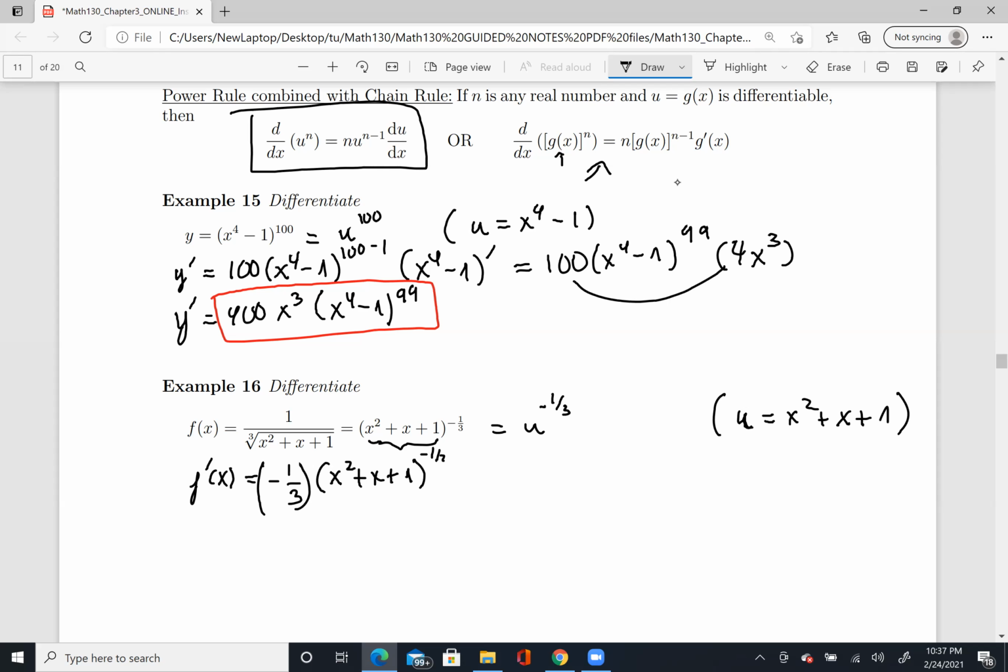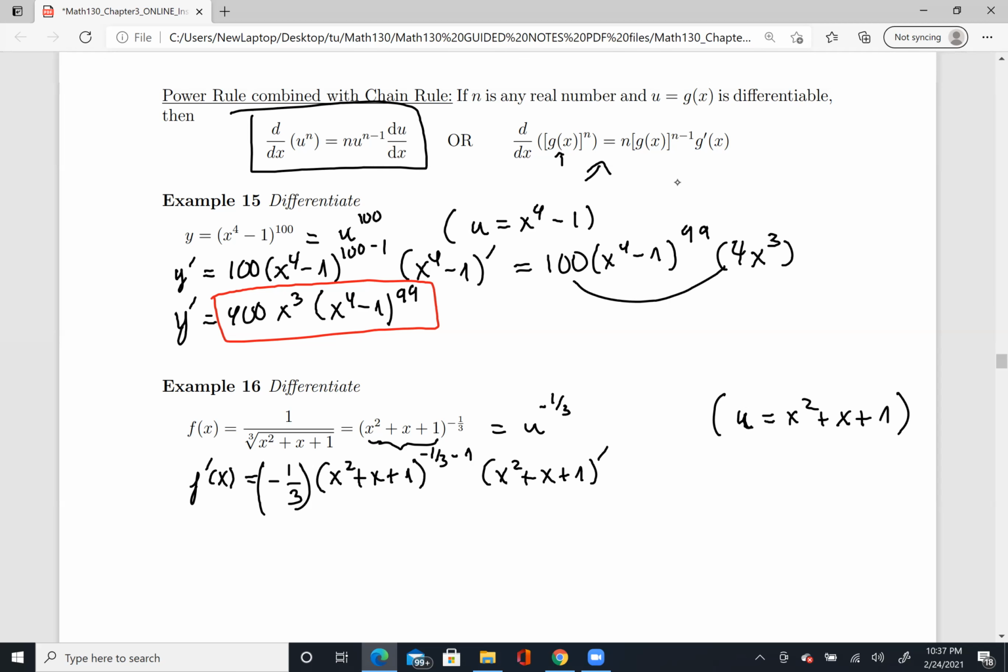Lower by 1 unit, and then I multiply by the derivative of the inner function. So you will have negative 1/3 times x squared plus x plus 1 to the power negative 4/3.